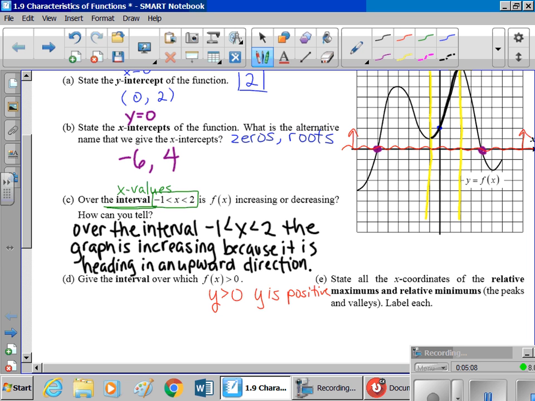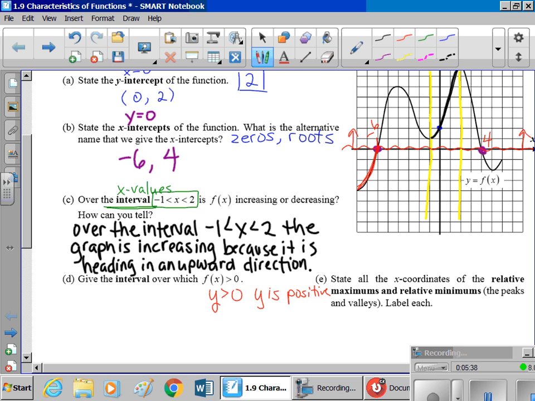Now, when it's asking where it's positive, you're just going to use either interval notation or set builder notation. So we're going to come up with our points at which it's positive. At this point, it's negative, we're not including that. So this is negative 6. This is 1, 2, 3, 4. This is positive 4. Now, you can't say it's actually greater than 0 at negative 6.